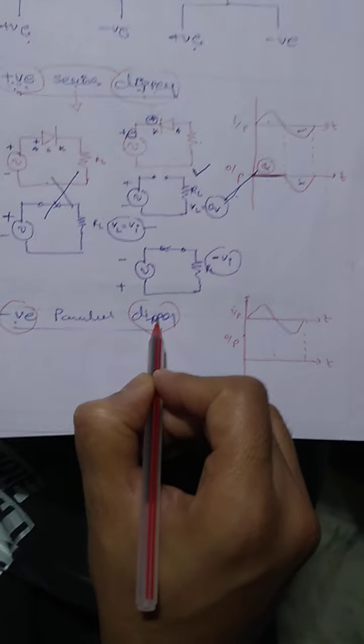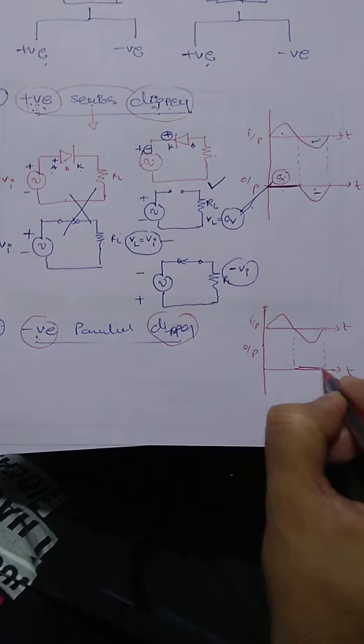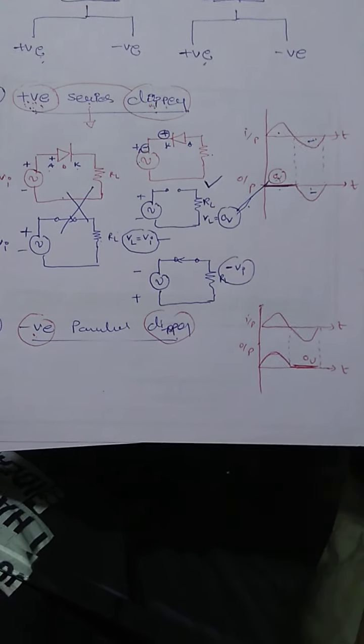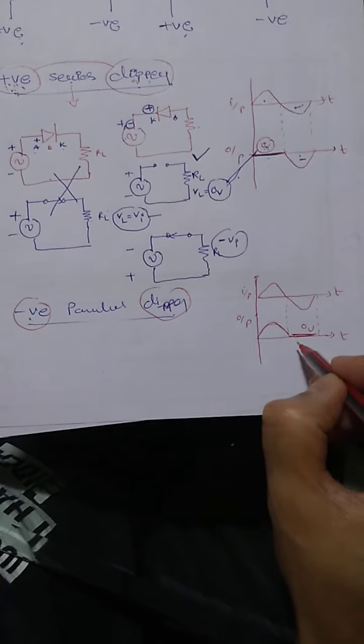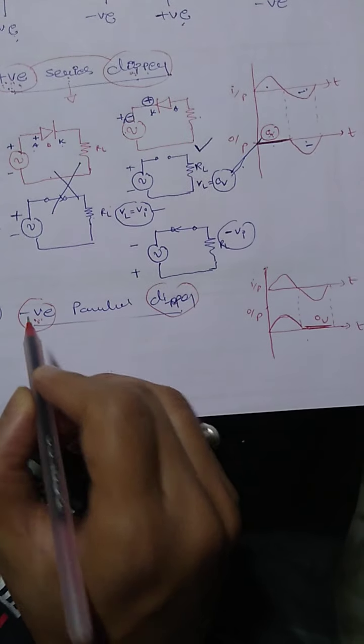Negative clipper means to cut, negative cut. So the negative part will be 0, the positive part remains as it is. So you can generate your output waveform by only the definitions.